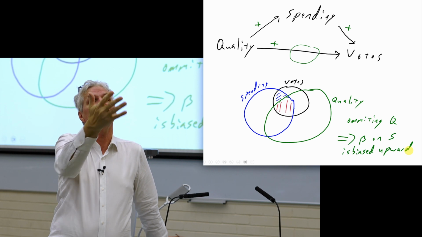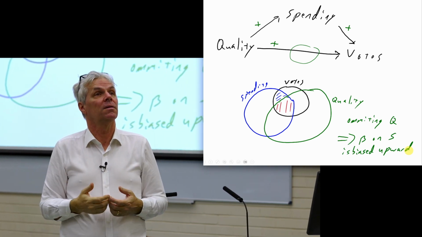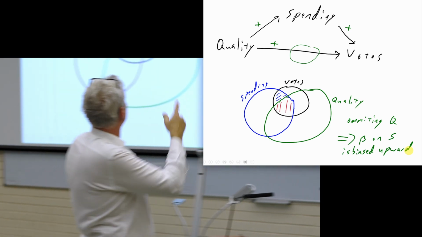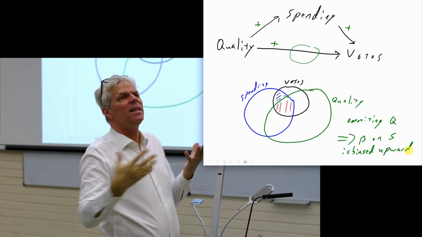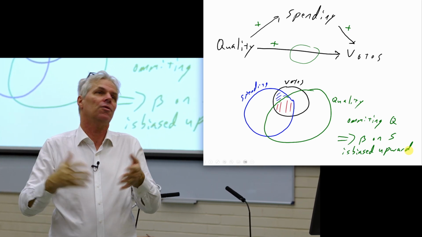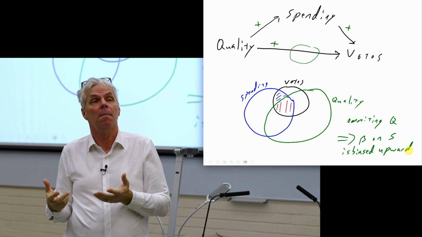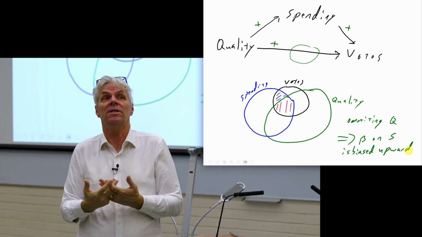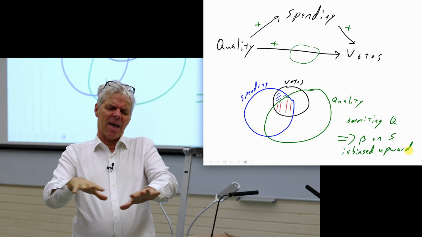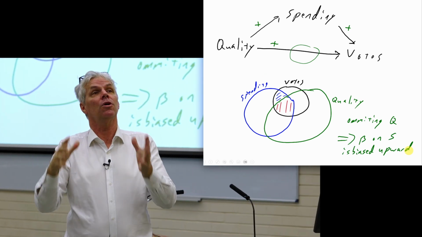But even if it was, that would be also a problem, right? Because spending affects quality, affects votes. That wouldn't be such a problem because it would be more like the last one in the sense that you throw it in, but you care about the spending. You don't care the way it goes through, right? If, for example, candidates were just amorphous blobs, and the spending of the money made them look good, right?